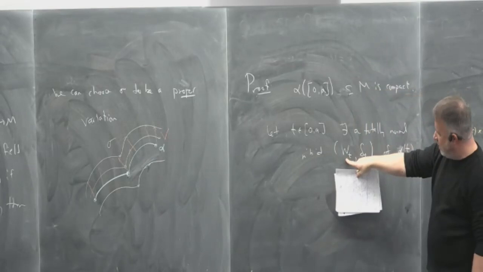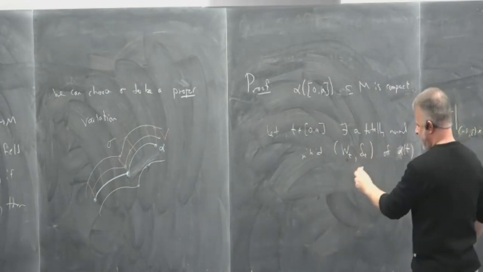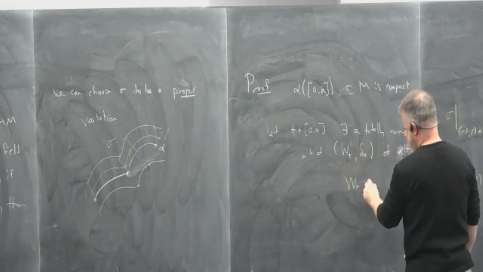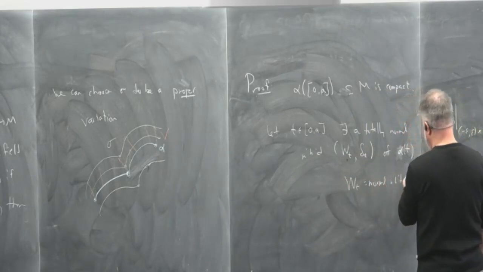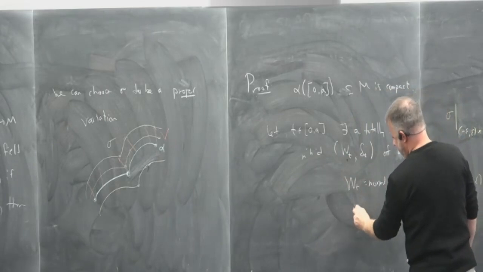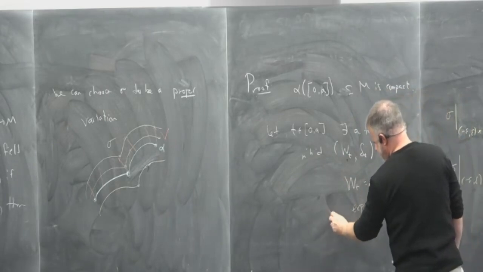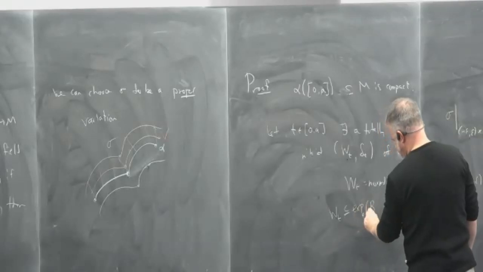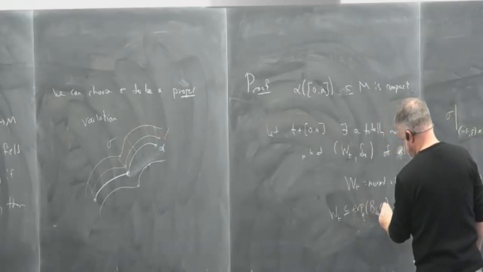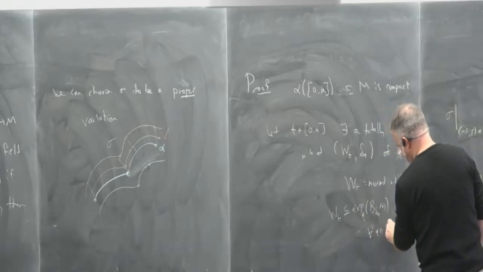That means that W_T is a normal neighborhood of alpha of T, and the exponential map on W_T is contained in the image of exp_q of B_delta_T(0) for all q in W_T.